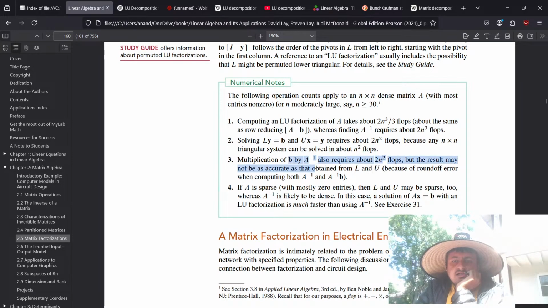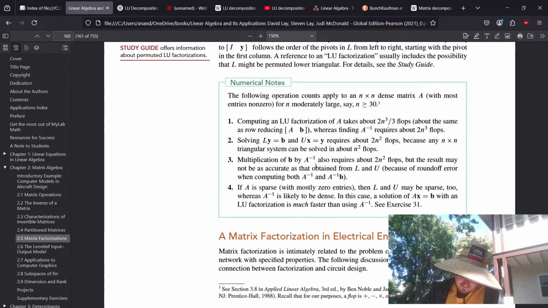Multiplication of b by A inverse takes 2n squared. Why is that? If we have an n by n times an n by 1, you're going to have to do, that's n squared.